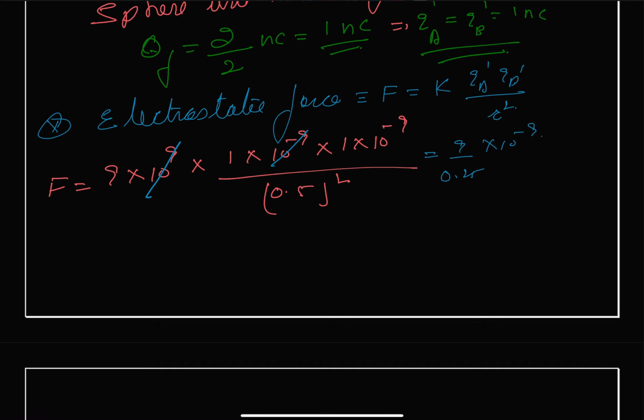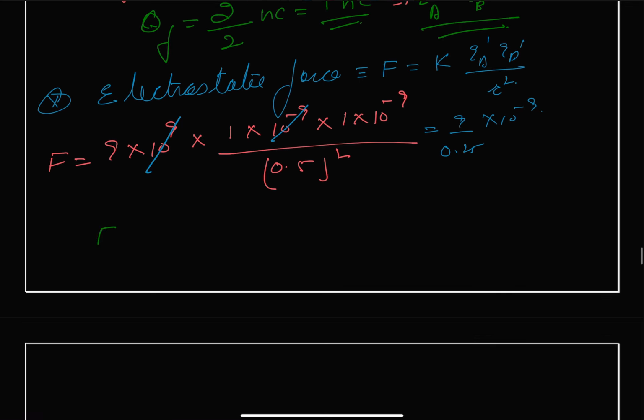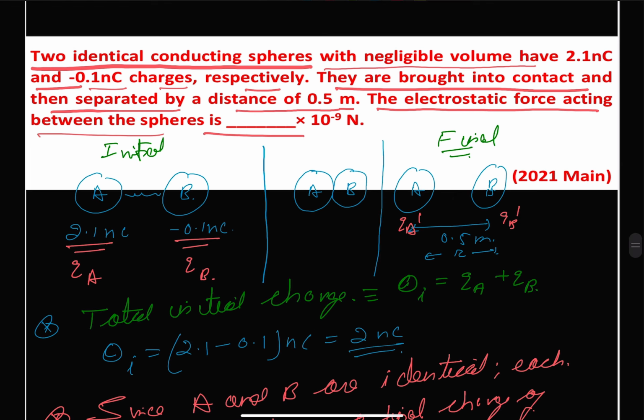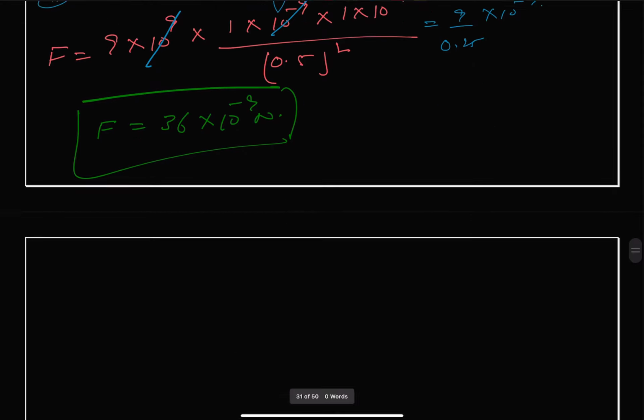So we get our force F will be equal to 36 into 10 to the power minus 9 newtons. So value of this comes as, no, sorry, not 9, but 36. 10 to the power minus 9 is already given to us. Next question.